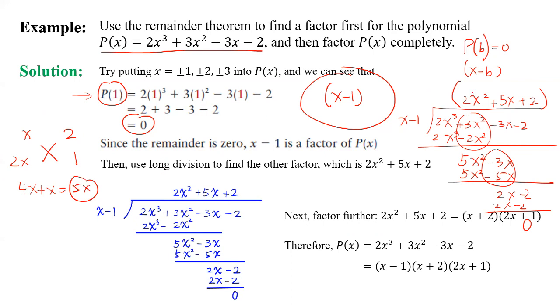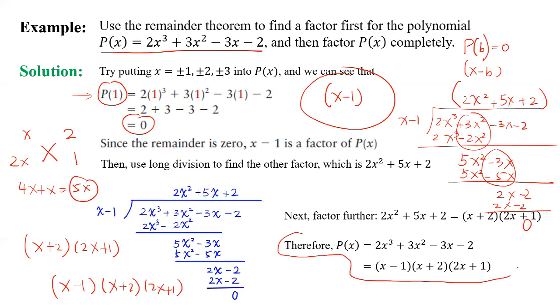So the other term can be further factored into x plus 2 and 2x plus 1. And the original expression can be factored to x minus 1, x plus 2 and 2x plus 1. Understand?